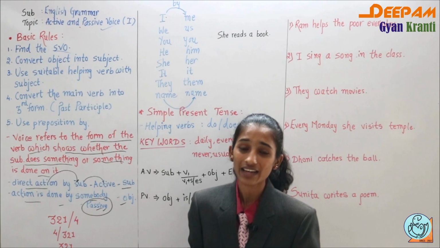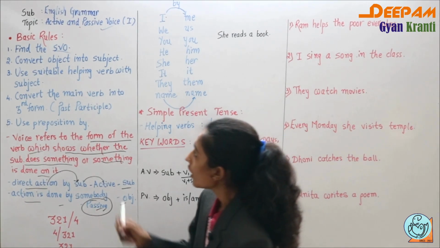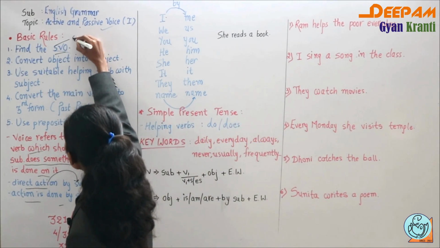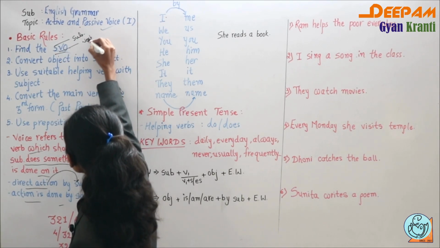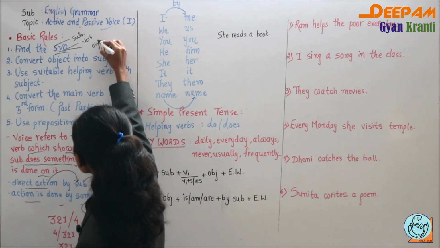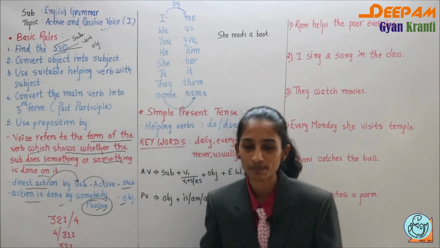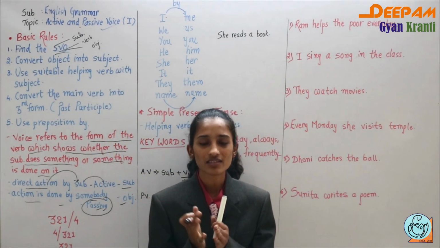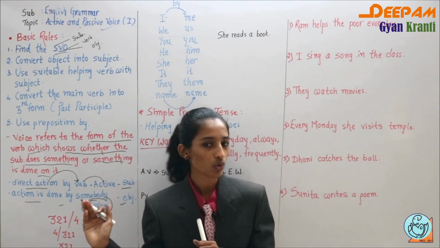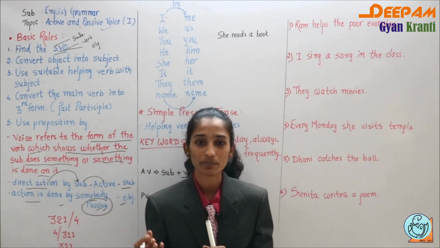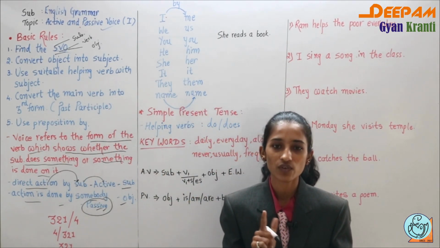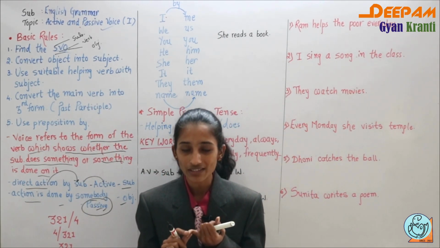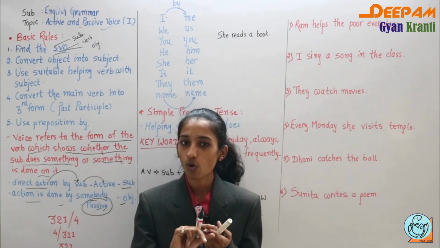What is SVO? S indicates subject, V indicates verb, and O indicates object. These three things are very important. If in a sentence you cannot find SVO, then you cannot form the active or passive voice. So the first step is to identify SVO.